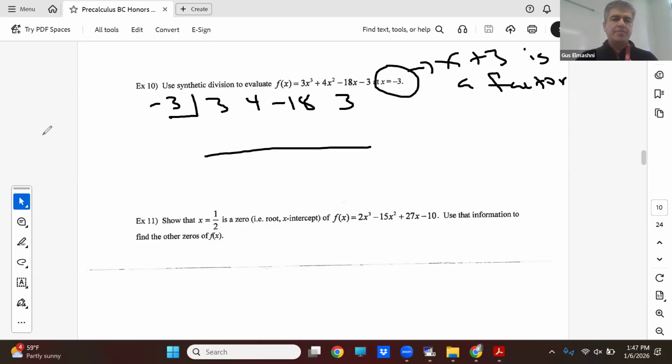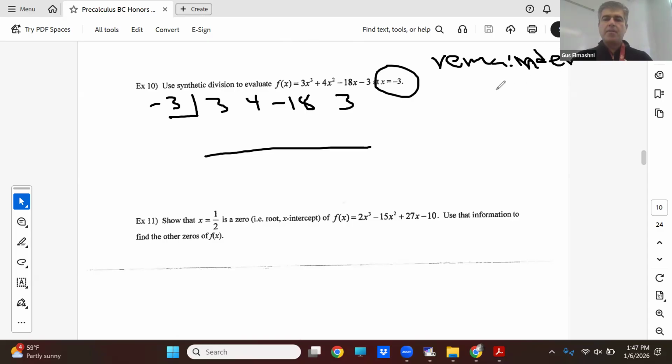Oh, wait one sec. I lied. You're doing this to evaluate. Sorry, my apologies. The remainder is f of negative 3. Of course, if the remainder is 0, then it's a factor.